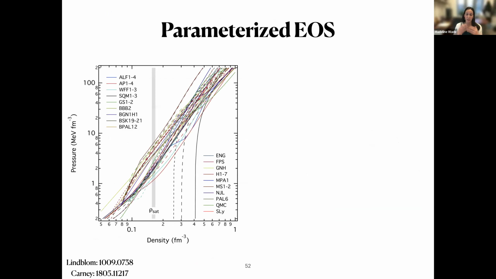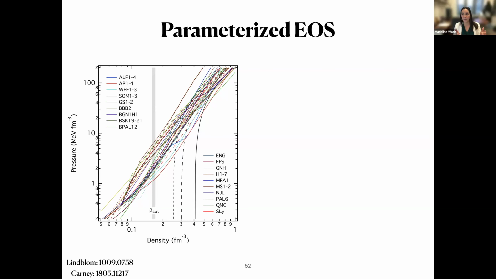Okay, so there's lots of possibilities for what the equation of state might be. So this is a plot showing, this came up on the earlier slide, an example of how we could classify which of these lines tells us about what the pressure and density of neutron star matter, how it actually behaves. So each of these lines represents a different possible equation of state. We don't know what it is, so we don't know which of these lines is right.